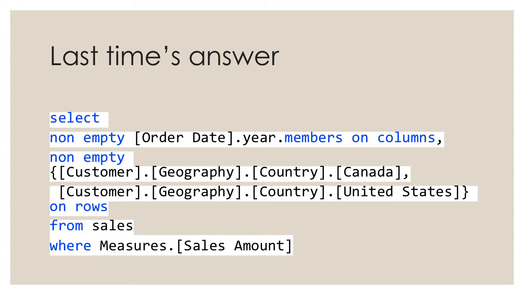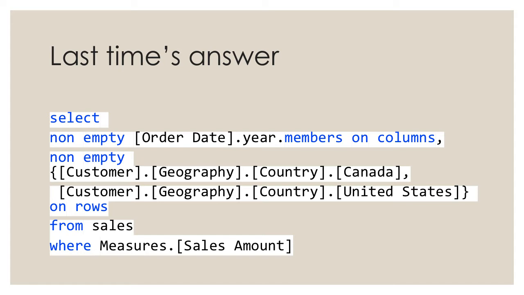Right? And to explain more, the customer.geography.country.canada. So geography is a hierarchy. All right, so inside of geography, you have an ordered hierarchy, which goes from bigger to smaller, then you have country, state, city, and a customer ID or whatever, right?